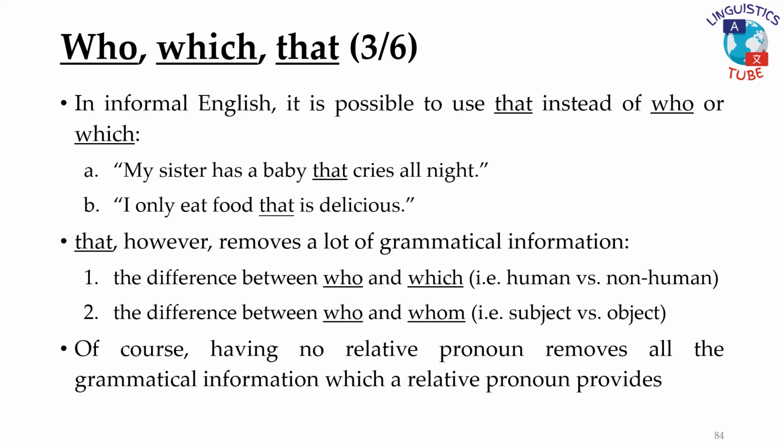Of course, it is worth noting that having no relative pronoun at all, which is possible if you use a zero relative pronoun, removes all of the grammatical information which a relative pronoun provides, even more so than using that.